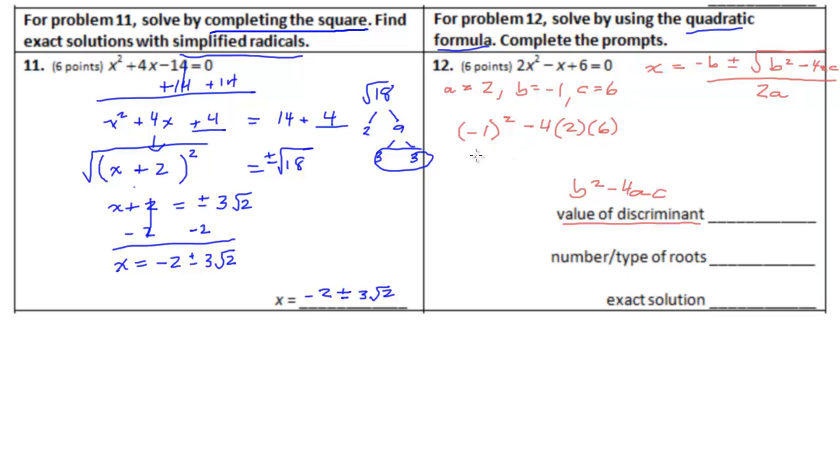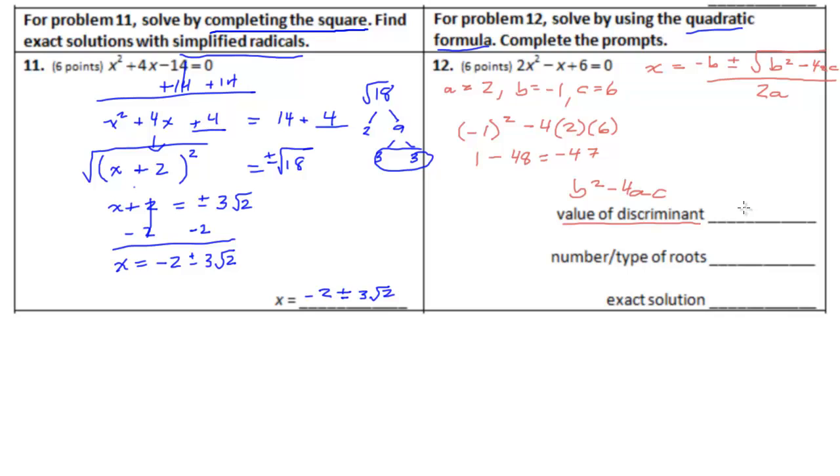Negative 1 squared, try to avoid this mistake, but negative 1 squared is 1. That squaring will always be positive. Don't put that into your calculator as negative 1 squared, it'll give you negative 1. We're squaring a negative number. Squaring any number will give you a non-negative number. Now, 4 times 2 is 8, 8 times 6 is 48, so this minus 48. So this is negative 47.